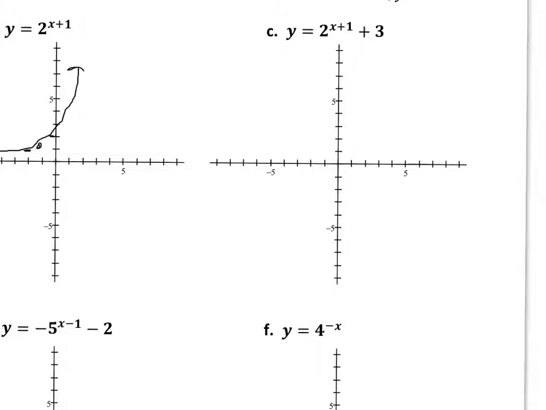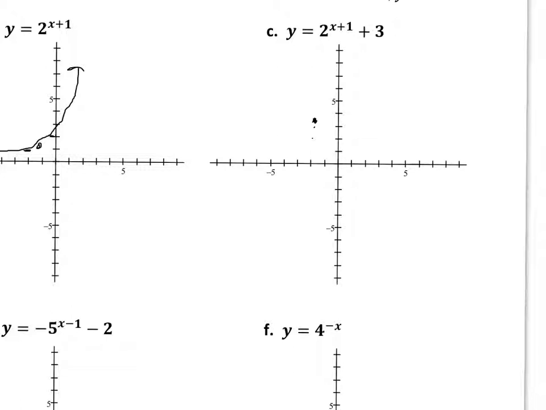Okay, so part C now, how's this going to shift? To the left or right? Left 1 and up 3. So we subtract 1 from our x's and add 3 to our y's. So we go from -1 and 1/2 to -2 and 3.5.